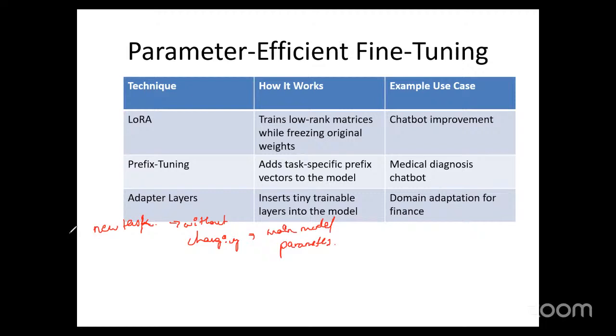small trainable layers. You have a neural network with multiple layers like this. This is an input layer. What you do is add a new layer over here. Consider it as a dense network.